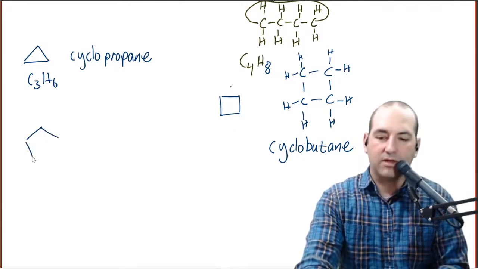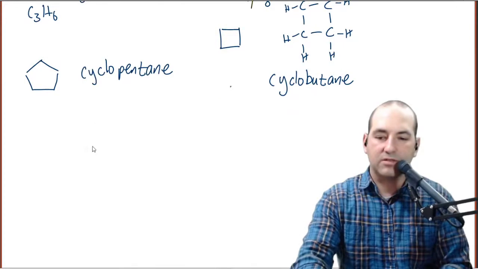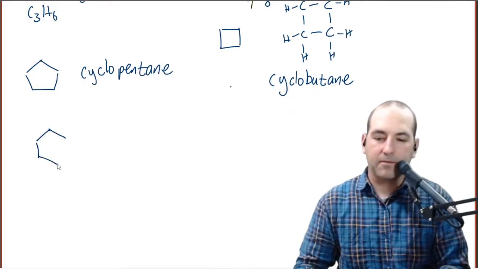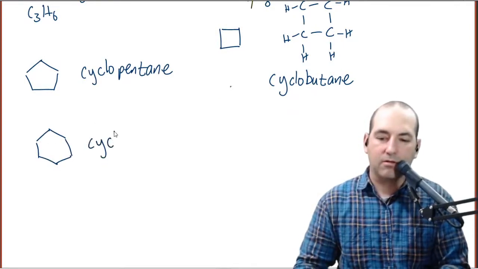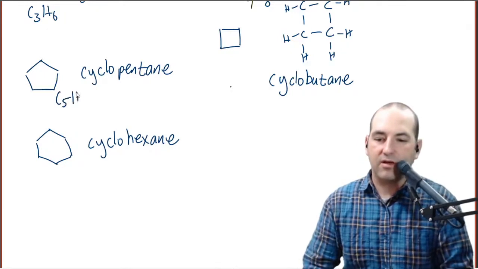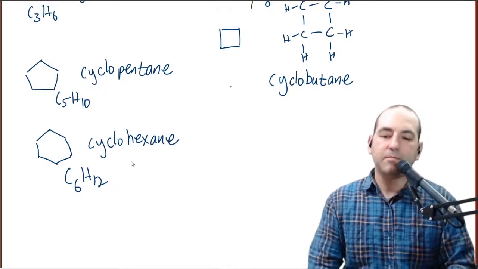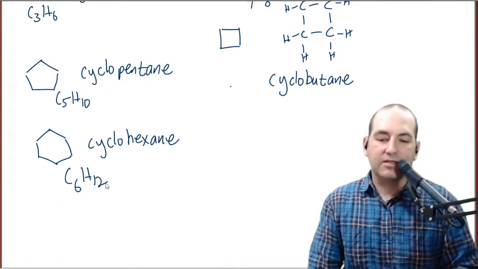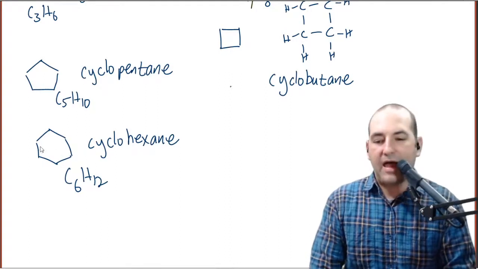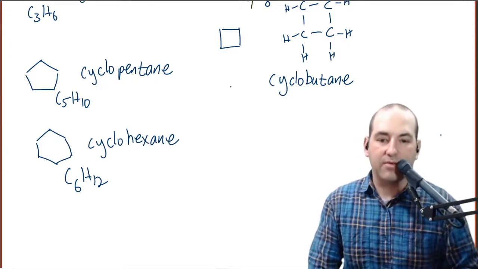If we keep adding carbons, we've got cyclopentane with 5 carbons, cyclohexane with 6 carbons, and so on. So this would be C5H10, C6H12. So if you took cyclohexane, C6H12, and then you added a double bond in there somewhere, then you'd have C6H10. So that would be even another possibility.